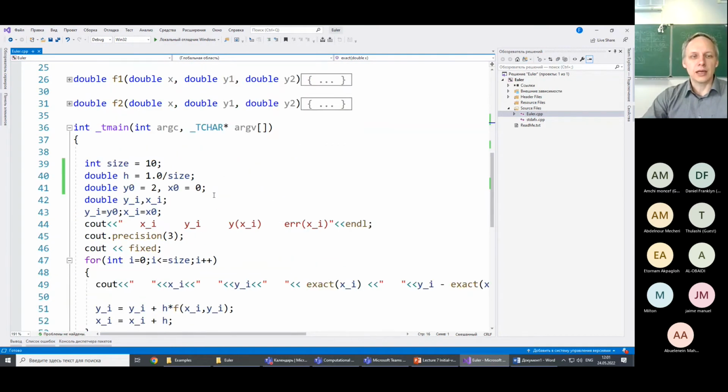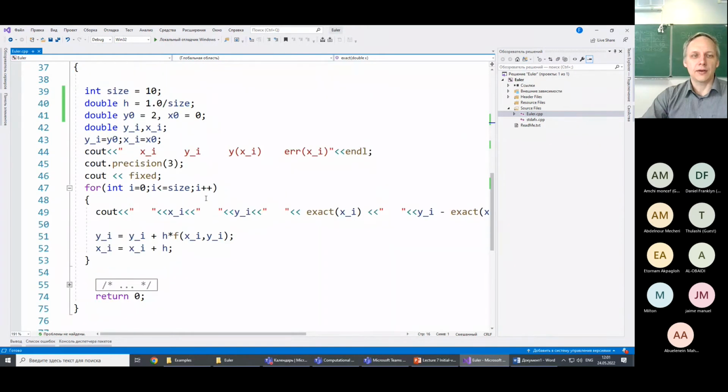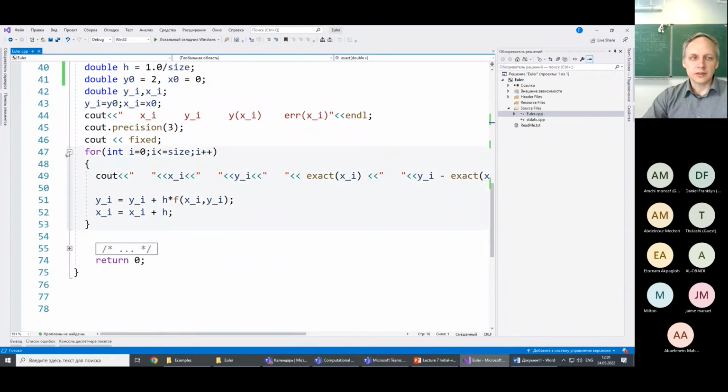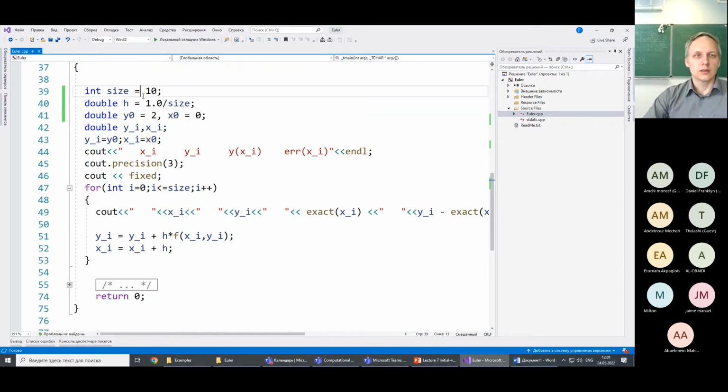How to apply Euler method? It's very simple. This is the main loop. First, let me assign the step. Suppose that I want to carry out size steps in the interval from 0 to 1.